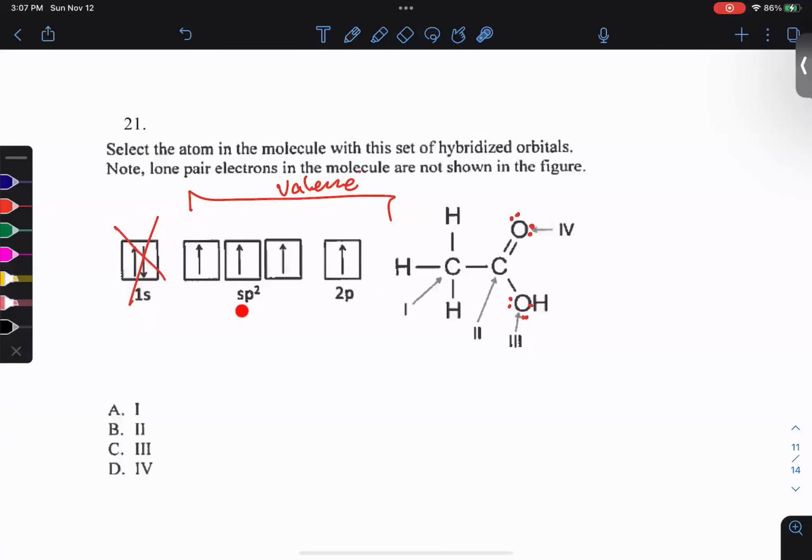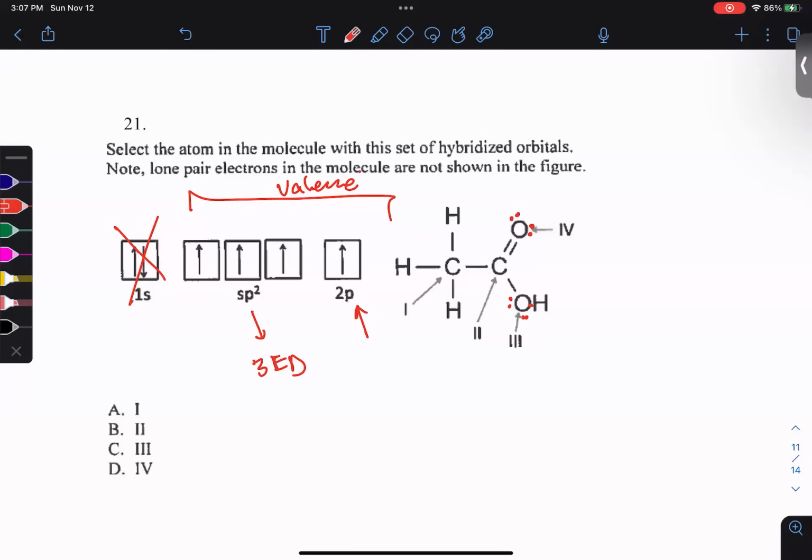All right? Okay, what other information can we unpack from this valence bond picture? sp2. What does sp2 tell me about the atom? How do we know something's sp2 hybrid? It has 3 electron domains. So this is telling me that the atom that I'm trying to choose needs 3 electron domains. And then what does this unpaired electron in a p orbital tell me?